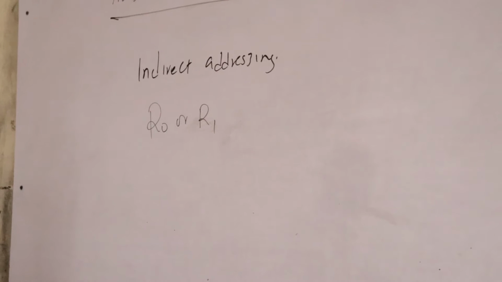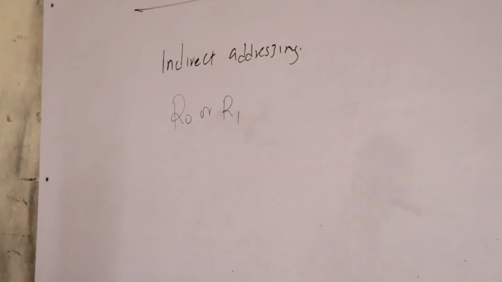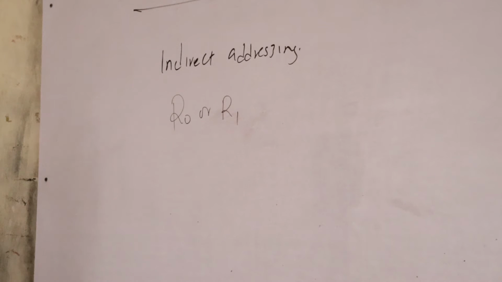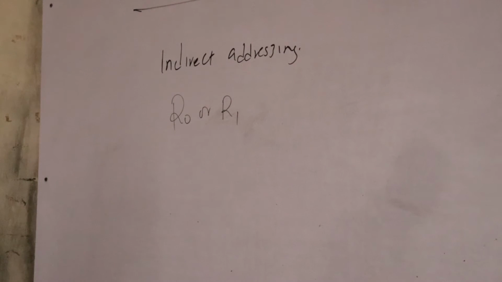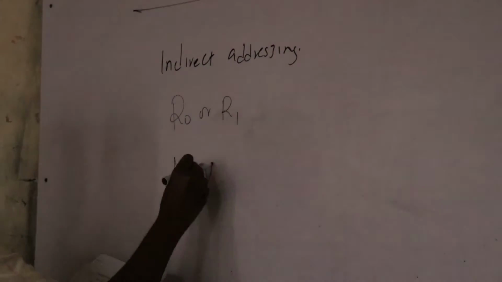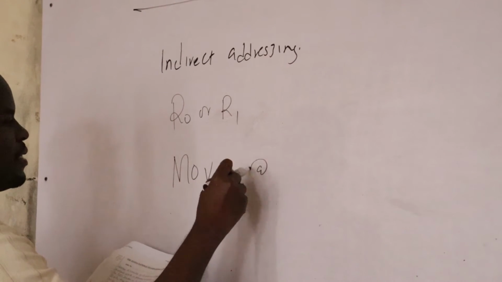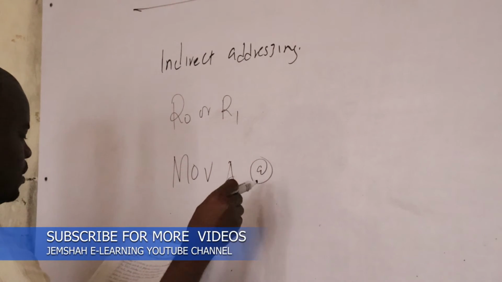And these registers may act as a pointer, and their content indicates an address in internal RAM where the data is supposed to be written or read. For example, you can talk of an instruction like MOV A, @R0.